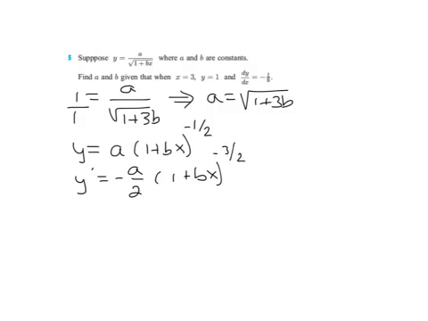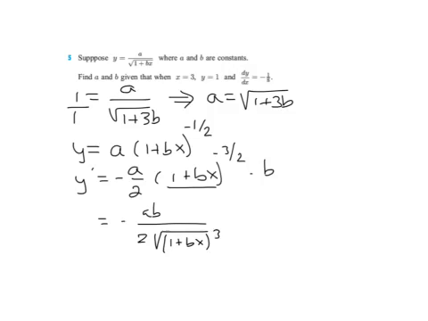And then don't forget to multiply by the derivative of what's inside the parentheses, which is just going to be b. So let's rewrite this a little bit nicely. So we have negative ab all over 2 square root of 1 plus bx whole thing to the cube.